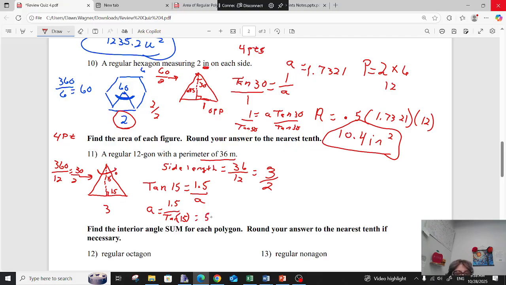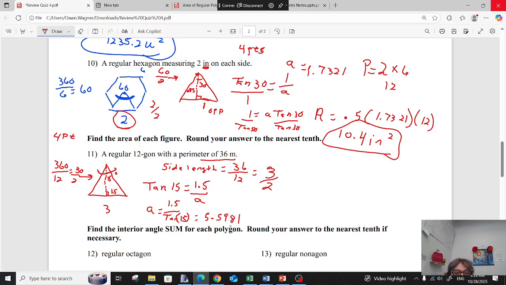I'm going to go out 4 decimal places. Is it just 5.6? 5.5981. Why am I going out 4 decimal places? For rounding errors, to get accuracy, right?